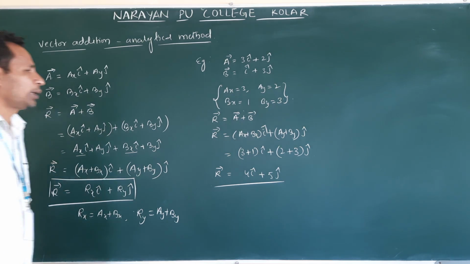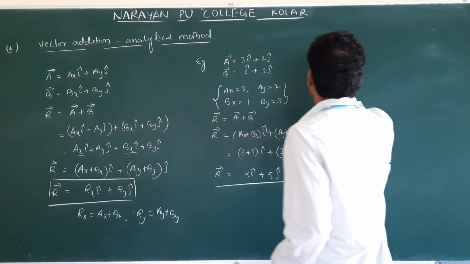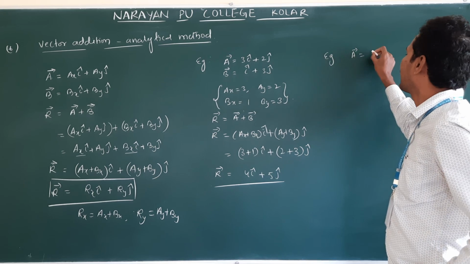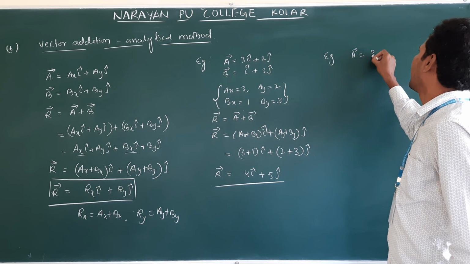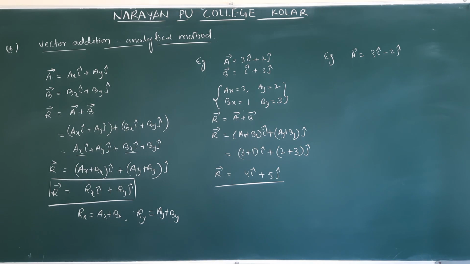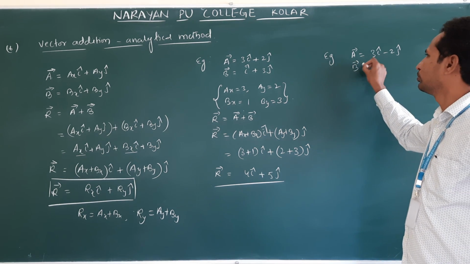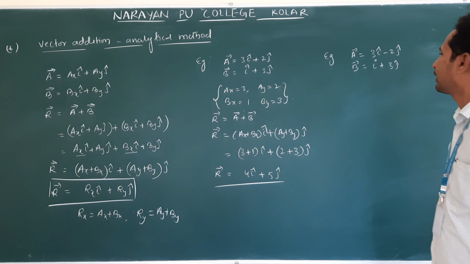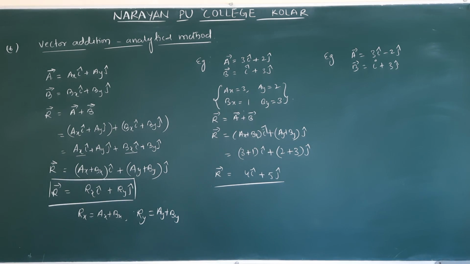Clear? Suppose, take one more example. Let us say we have a vector like this, 3i cap minus 2j cap. Clear? Next, B is equal to the same kind of vector, i cap plus 3j cap. In this case, how to do?